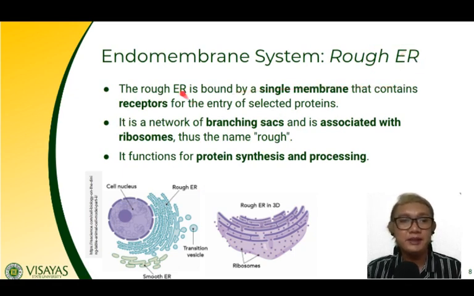The rough endoplasmic reticulum is bound by a single membrane that contains receptors for the entry of selected proteins. It has a network of branching sacs that is associated with ribosomes, and thus the name rough. So the function of the rough ER is protein synthesis and processing.